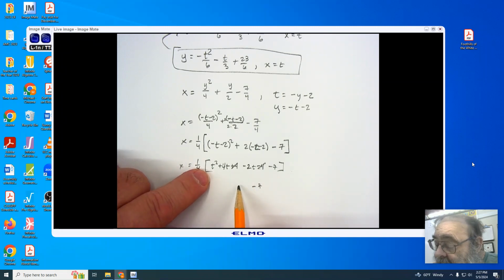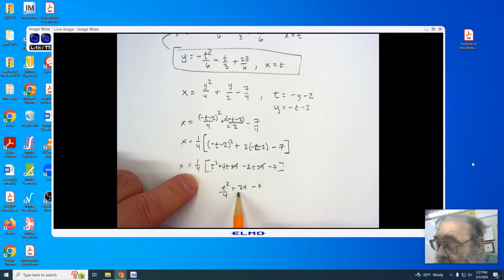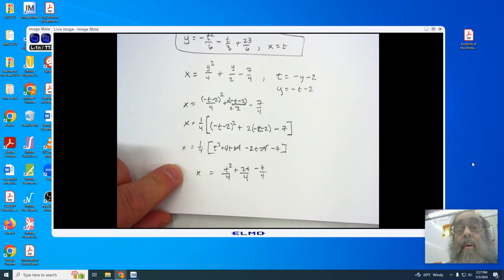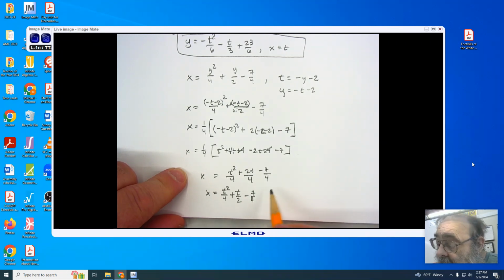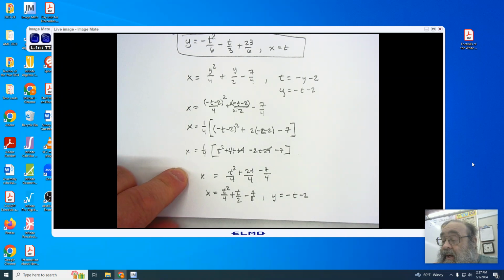I have a positive 2t and a t squared. And now I'm going to bring the 4 back in all the way through, and now I'm going to reduce. x equals t squared over 4 plus t over 2 minus 7/4. And my y value is negative t minus 2.